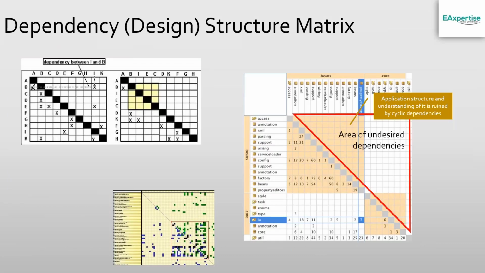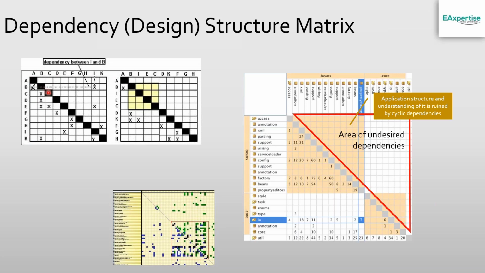Okay, the dependency or design structure matrix is in itself pretty easy to understand. Here you see a dependency structure matrix, and what you see in the column is the same as in the row.